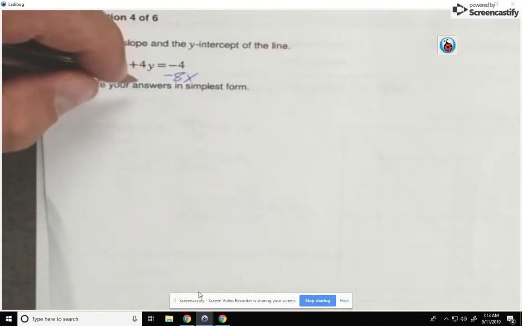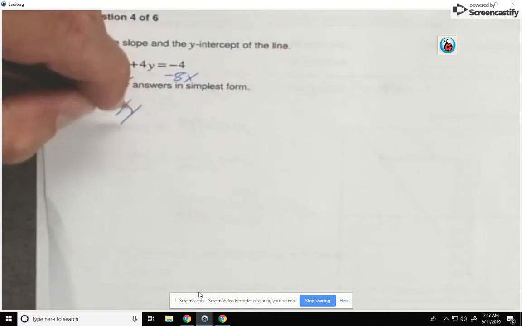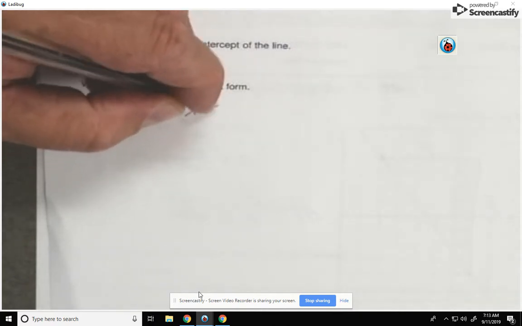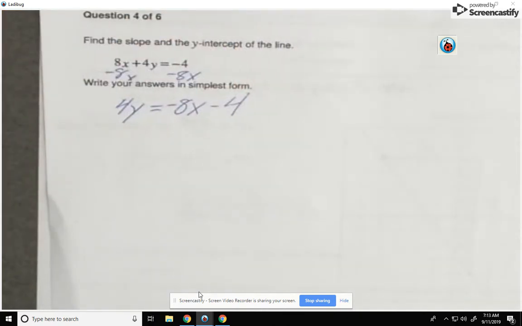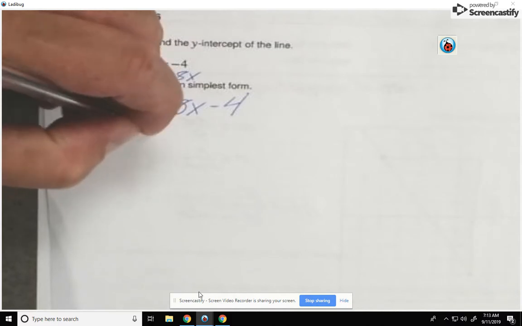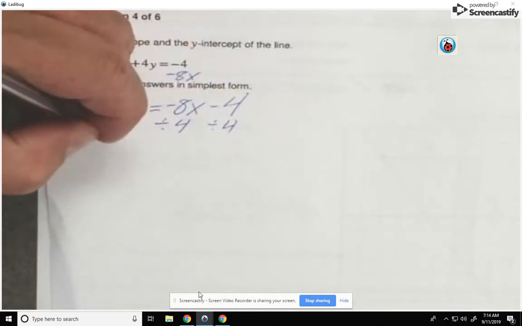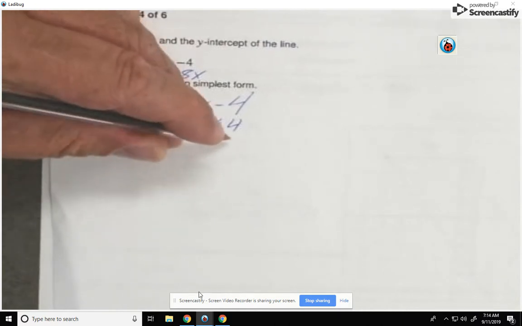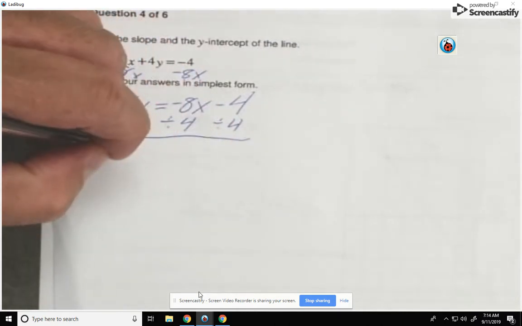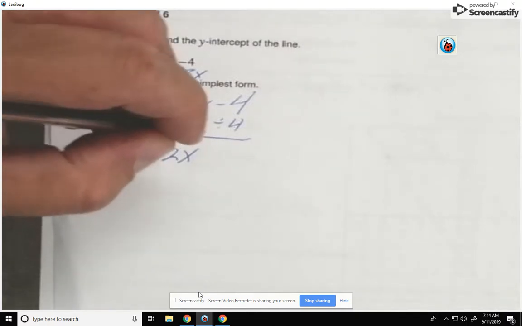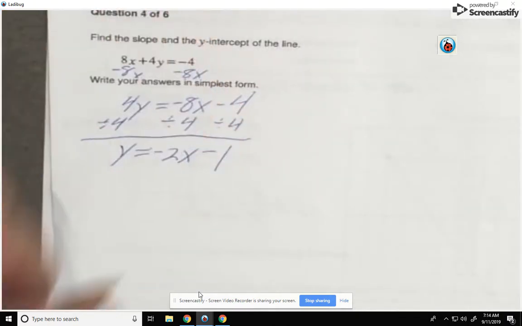Alright, so I get 4y equals -8x minus 4. From here, since I got a 4 on my y, I divide all 3 pieces by the 4. This will give me y equals -2x minus 1.